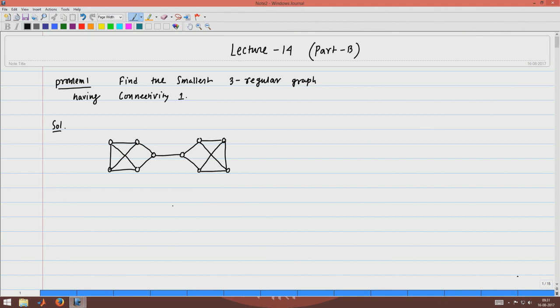So, now you can see that this graph is a three regular graph, because every vertex has degree 3 and you need to remove one vertex. So, this is a cut vertex basically. If you remove this vertex or say this vertex, then the graph will become disconnected. So, the connectivity of this graph is 1.